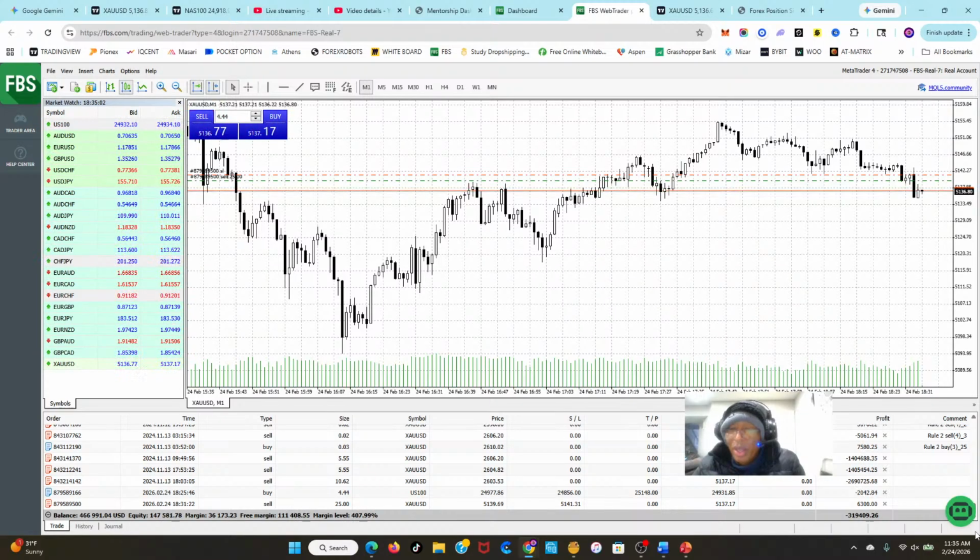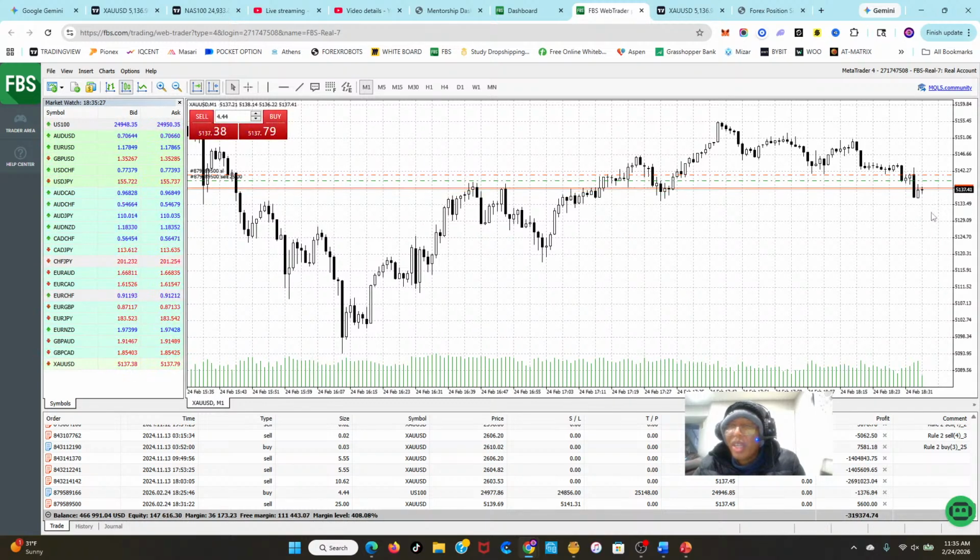So here is the gold one. I managed to push it further down. We haven't really had another bar after we entered, we had the first bar, second bar.